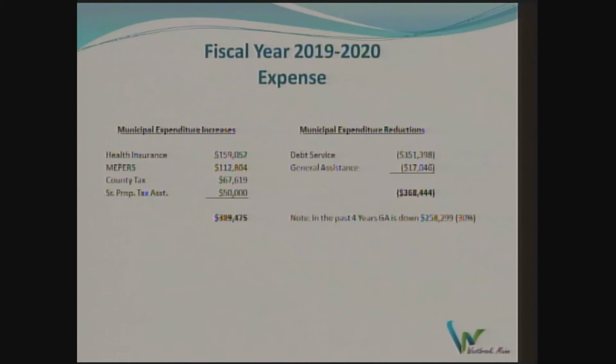The rates have increased in these areas, so it's not just the percentage applied to the total payroll, but the actual rate charged by Maine Public Employees Retirement System has increased over last year. As I mentioned earlier in the presentation, the county tax is up roughly $67,000. And funding for the Senior Property Tax Assistance Program, which the mayor earlier identified, is estimated at $50,000 on an annual basis.